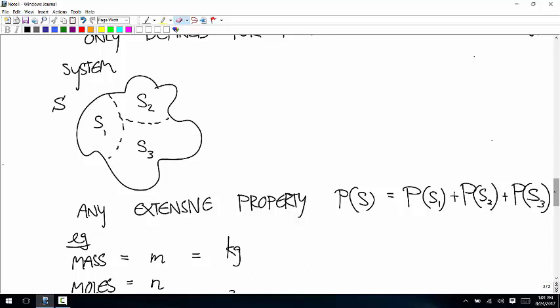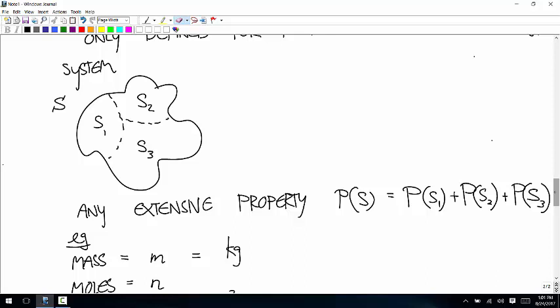So let's think about it in terms of the intensive ones, and you see that it doesn't work. So imagine all of these having the same intensive properties, and think about what the intensive property of the whole thing would be.